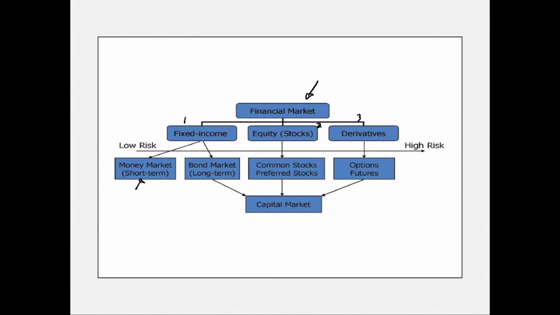Your long-term would be the bond market. Then you have your equity market, which is common stocks and preferred stocks. And then you have your derivatives markets, which are options and futures. It is these three long-term investments that make up the capital market. So once again, money market is simply short-term. Capital market is long-term.